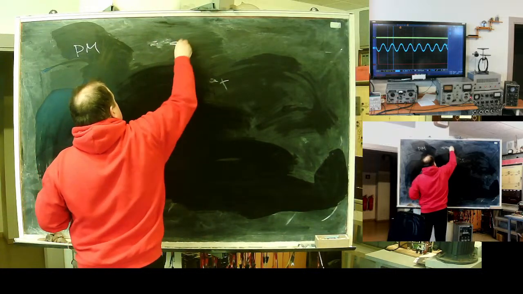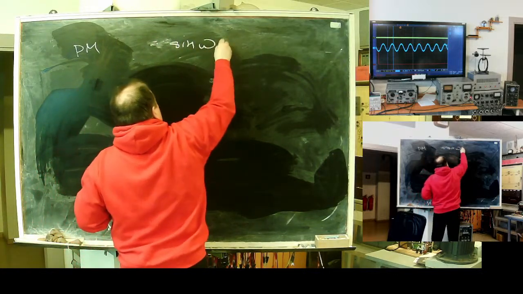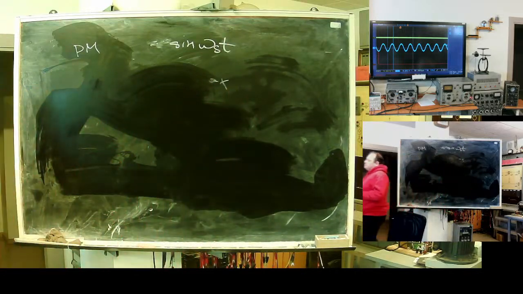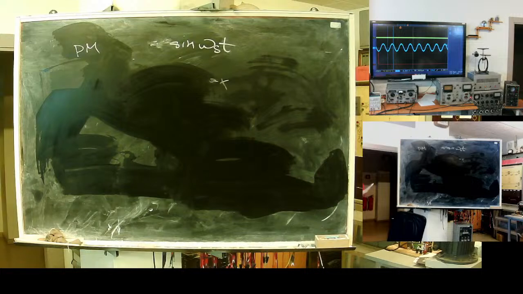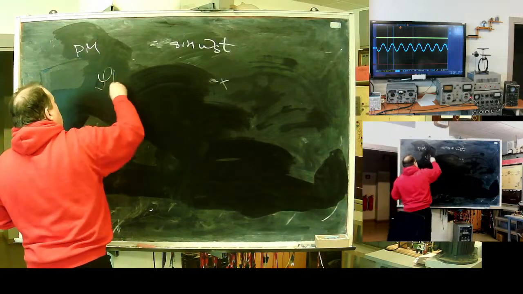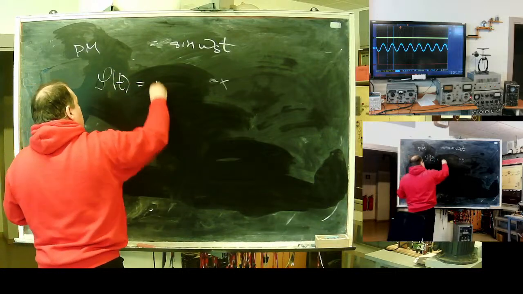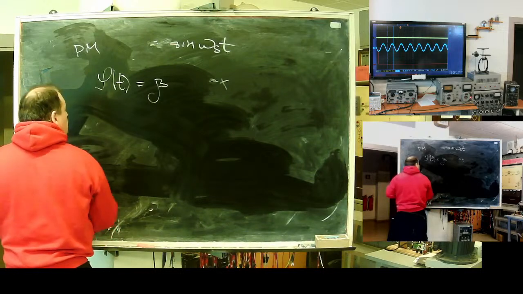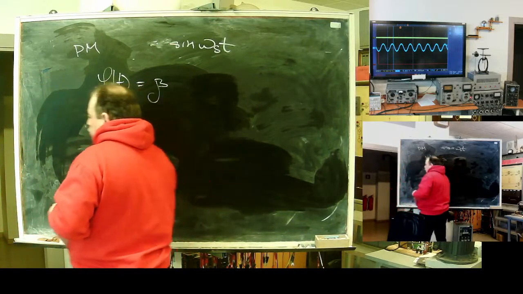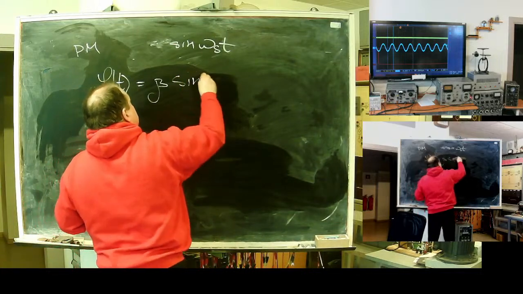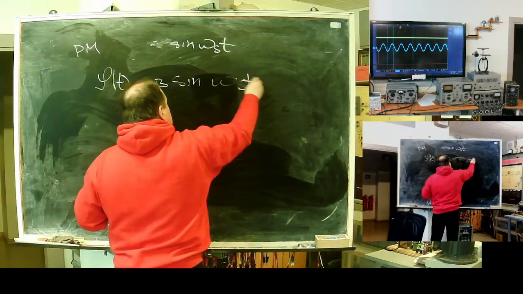Let it be sine omega s time. Here I have sine. So, phase will be beta, a parameter called modulation index, sine omega s t.